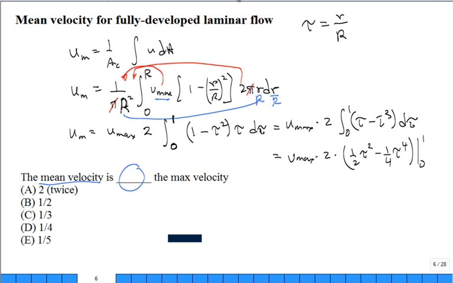What are you left with from all of this? 1/2 minus 1/4, which is a positive 1/4. And so 1/4 times 2 times u max. So u mean is equal to 1/2 u max.